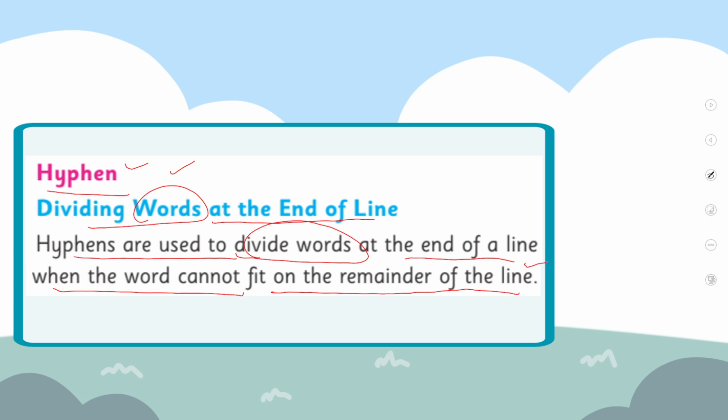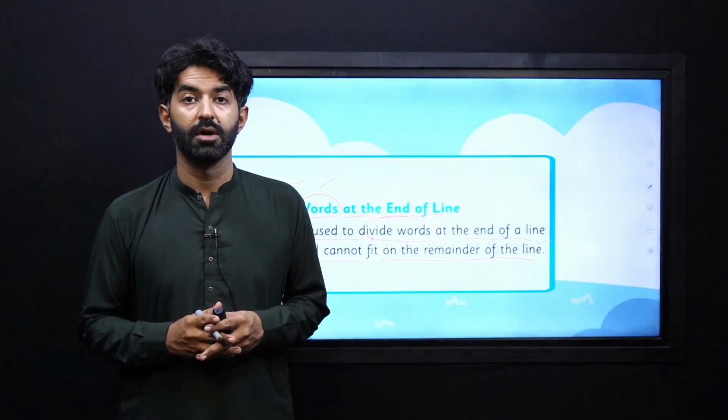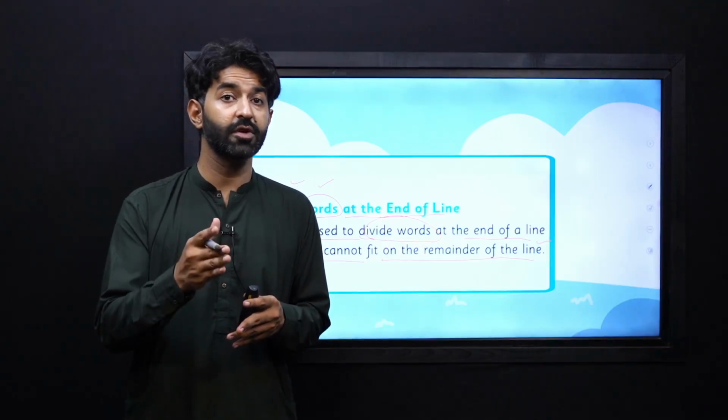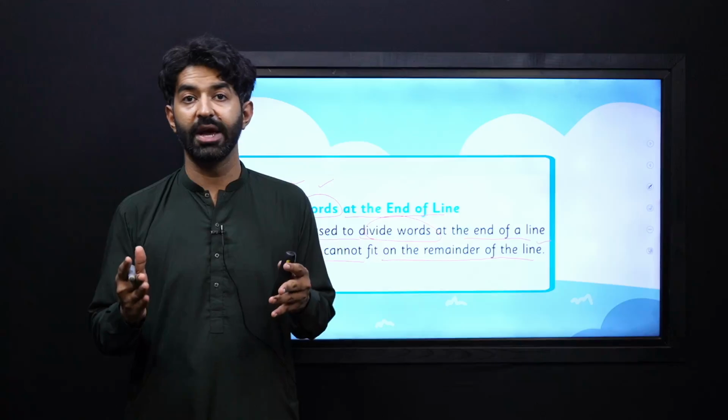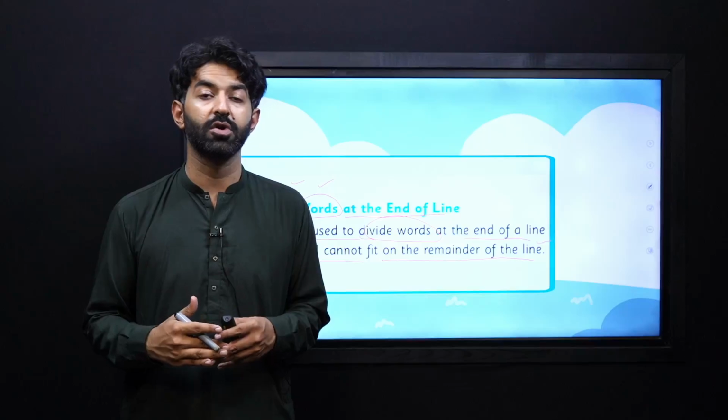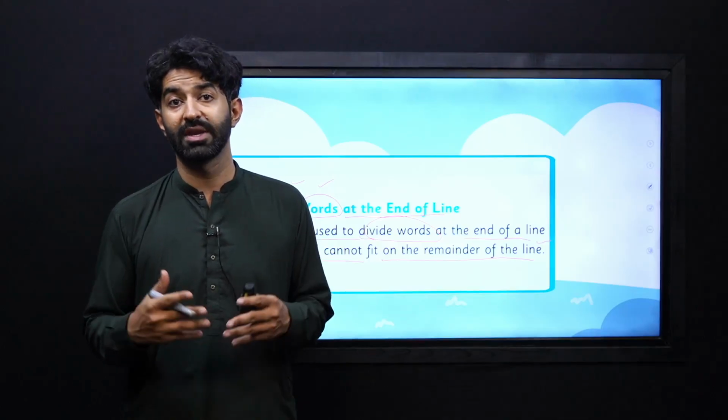So you must have done this before when you're writing something and you are just halfway through your word and the page ends or the line ends. So then you move on to either the next line or to the next page.